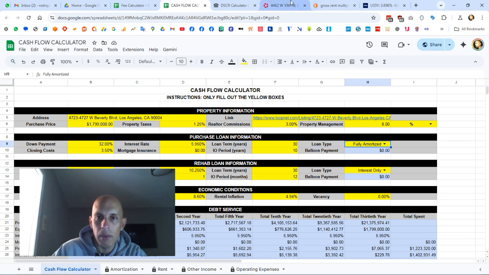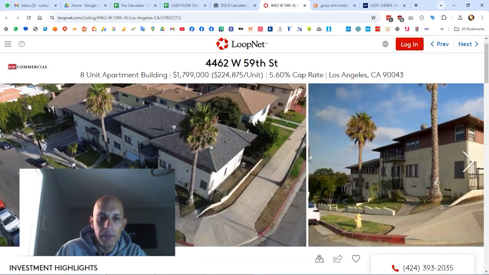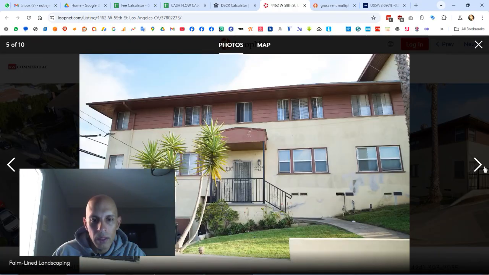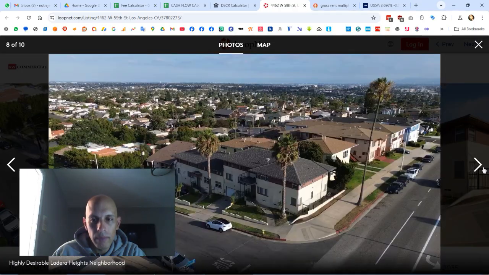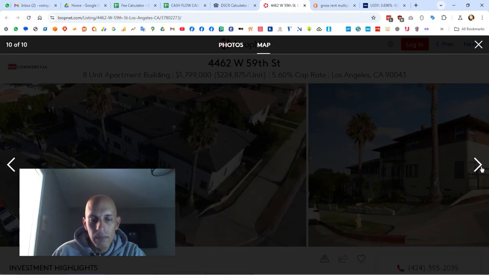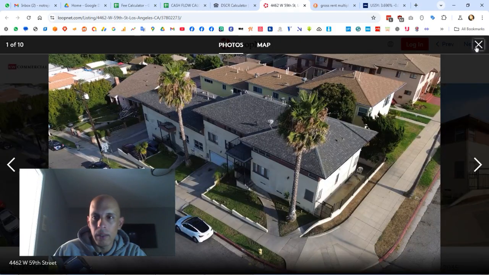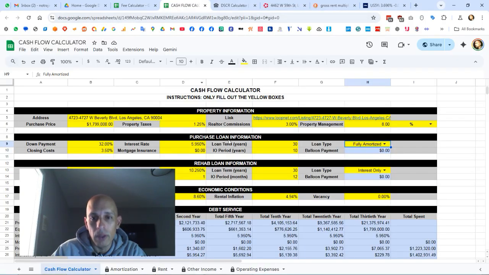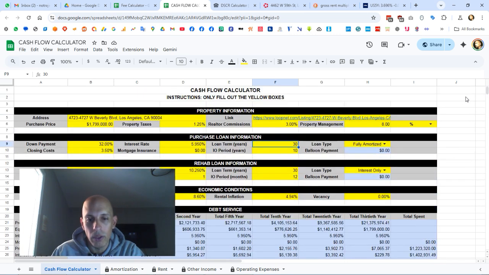Zero rehab. Let me see if this building even needs rehab. I mean, a little bit, maybe. I don't really see any photos of the interior, so I don't know. We're just going to assume that it's not going to need any rehab, and we're just going to keep rates at market rates and just increase them according to the market.